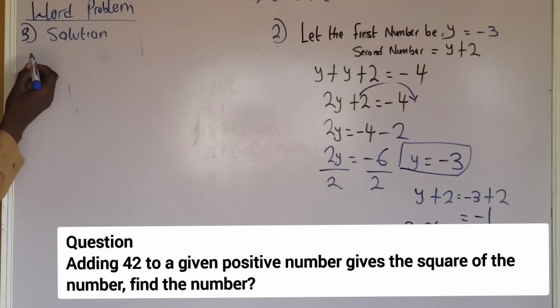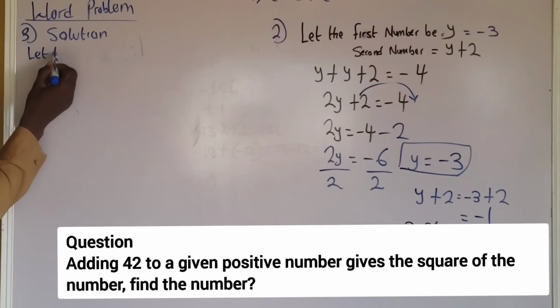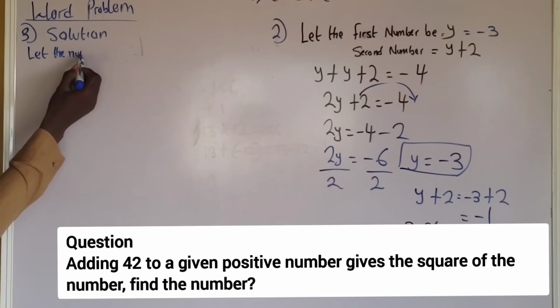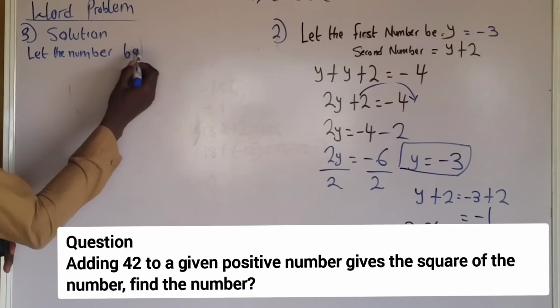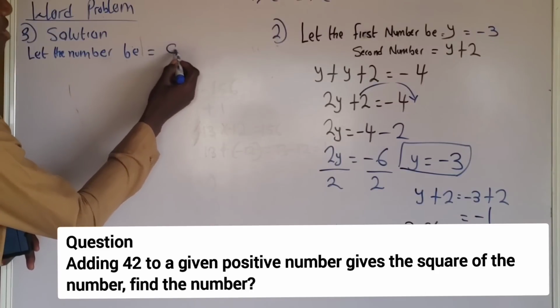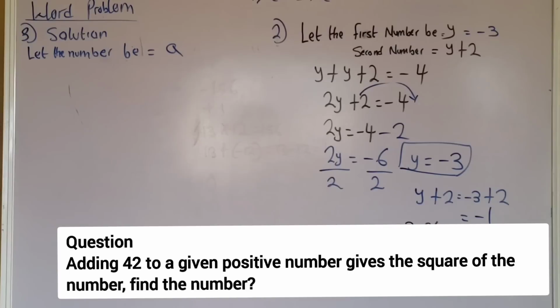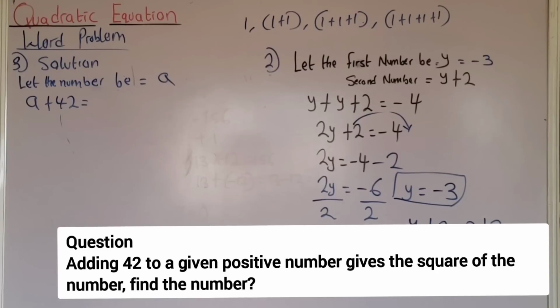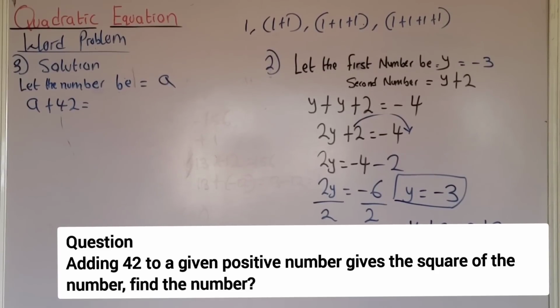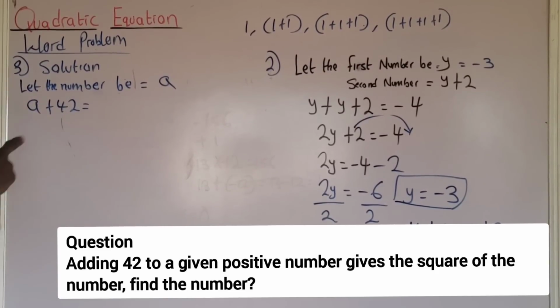Now let's say, let the number be any letter. In this case, I'm going to choose A. Let the number be A. So here I'm going to add 42 to A. So I'm going to have A plus 42 is equal to. Now let's go back to the question. Adding 42 to a given positive number, we have already added 42.